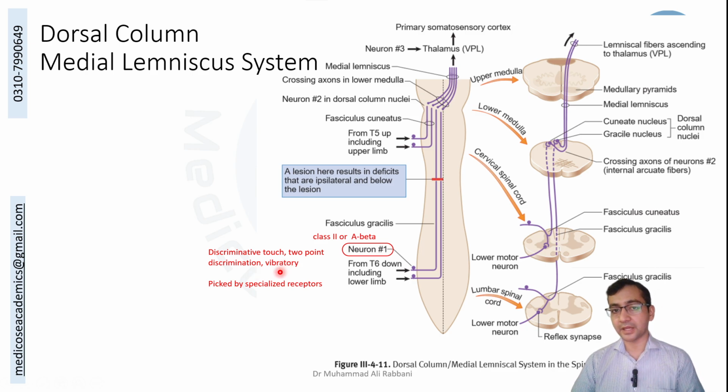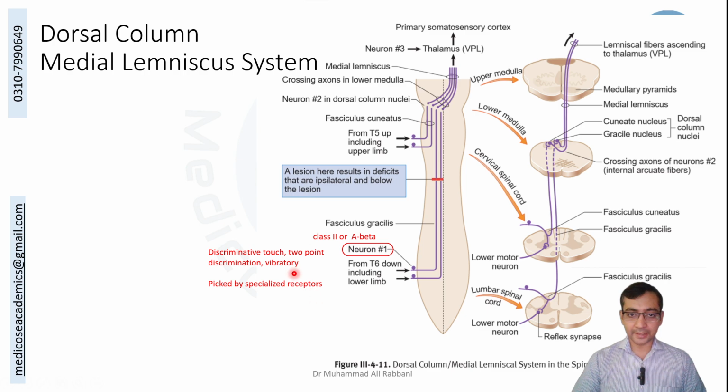All of these are carried by this tract, and they are picked up by specialized receptors like Meissner's corpuscles and Pacinian corpuscles, each of which is sensitive to a different sensation. Some are good for vibration, some are good for two-point discrimination.